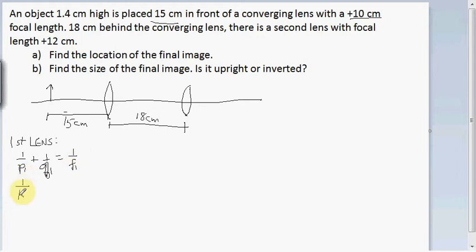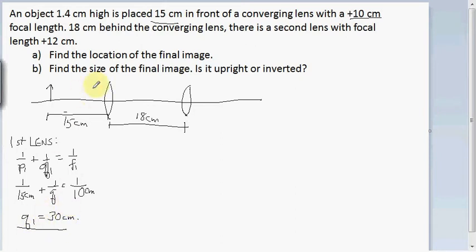That is 1 over 15 centimeters plus 1 over Q1 is equal to 1 over 10 centimeters. And this gives me Q1 is equal to 30 centimeters.